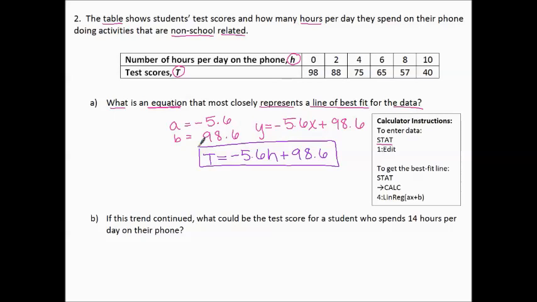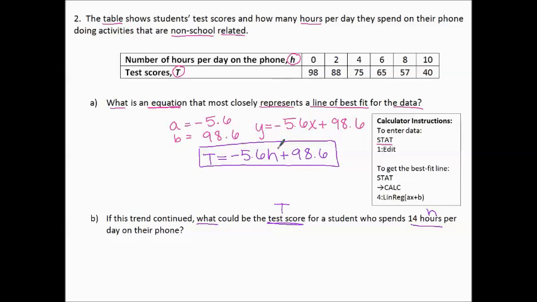If we look at letter B, we see if this trend continued, what would be the test score for a student who spends 14 hours per day on their phone? So what would be the test score? Remember, test scores were T, and 14 hours is H. I want to know what a test score would be if somebody was on their phone for 14 hours.